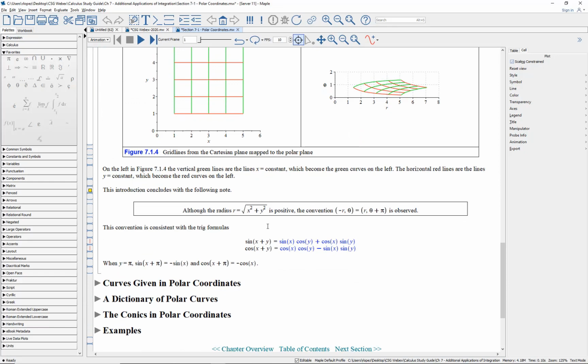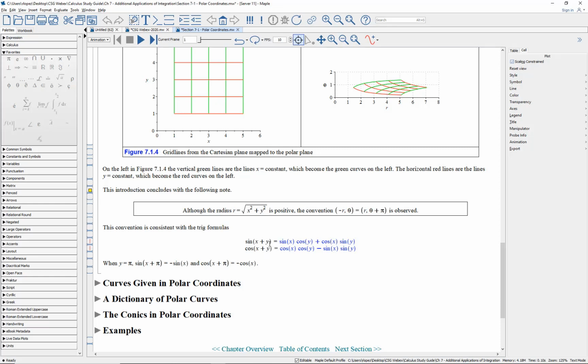And a final word, when you're looking at the radius as r equals root of x squared plus y squared, that is going to be a positive quantity. But you have to also make use of this convention that a negative radius shifts the angle by pi. All right, and we've seen this already, and it's consistent with these trig formulas, the sum formulas for sine and cosine.